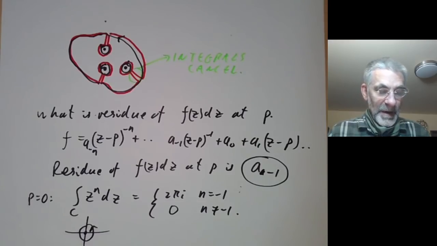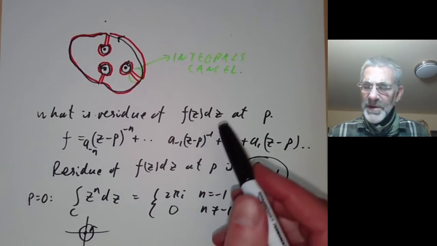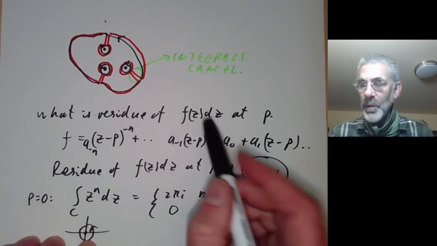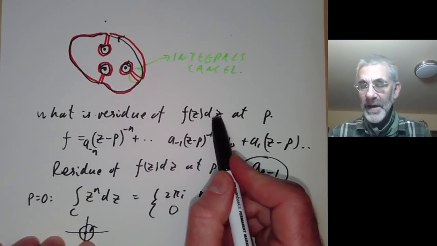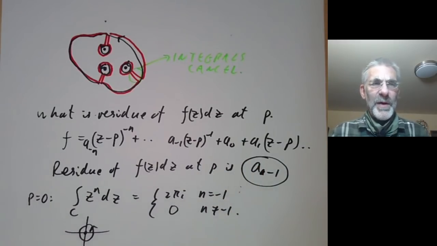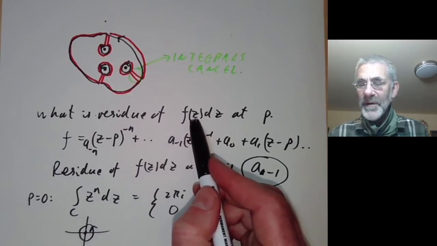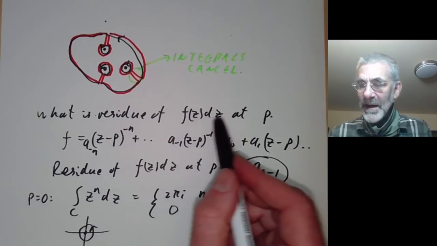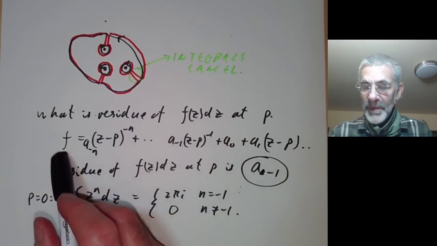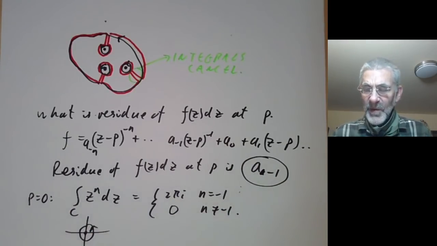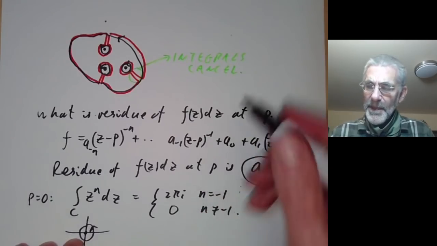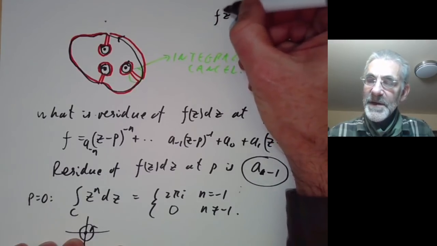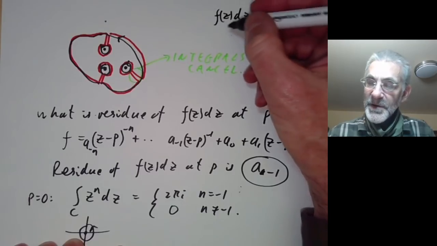By the way, strictly speaking, we should only talk about the residue of a one form, which is a function times dz. Now, everybody is very sloppy about this and just talks about the residue of the function rather than the one form f(z) dz. So the reason for that is that if we've got a 1 form, then the residue of f(z) dz is invariant under a change of variables.